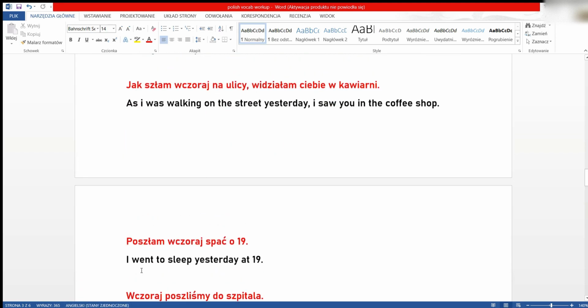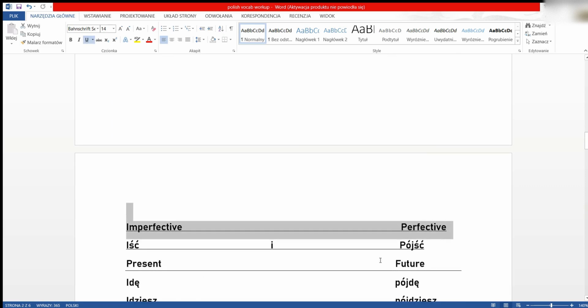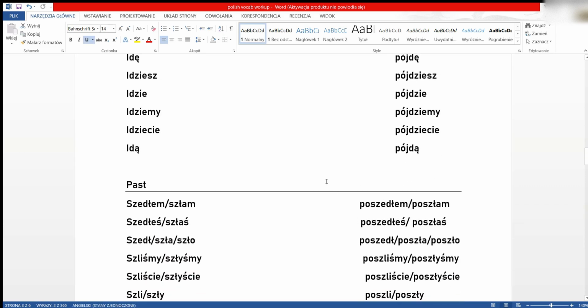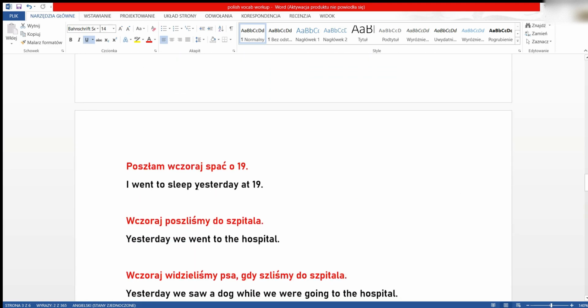Okay. I went to sleep yesterday at 7 p.m. So simply you use the perfective form, which is the simple past, because we're indicating something that already happened. It's perfect. I went to sleep yesterday.